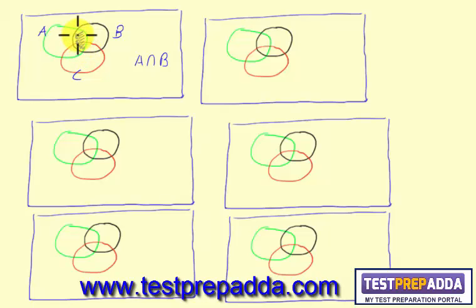In the Venn diagram, this portion indicates A intersection B. Now, here A, B, C. If I write B intersection C, this is B, this is C, so B intersection C will be represented with this portion.